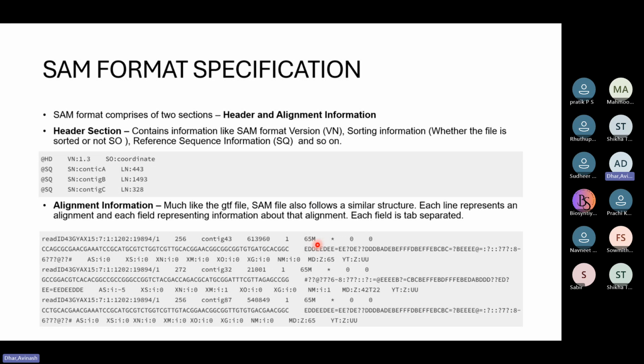So it represents the pattern of alignment. While your flags represent the nature of alignment, whether it's proper or not, whether the reads are mapped properly, this represents the process of alignment: whether all the bases matched or not, whether there were any insertions or deletions, and so forth. Is this clear?